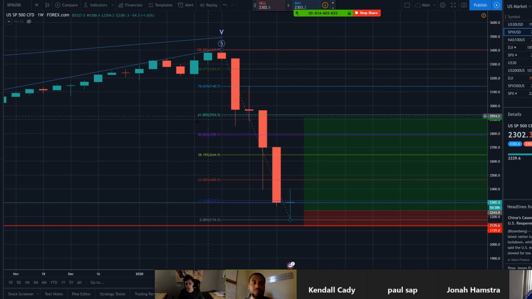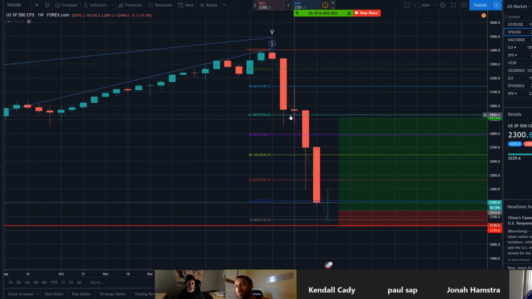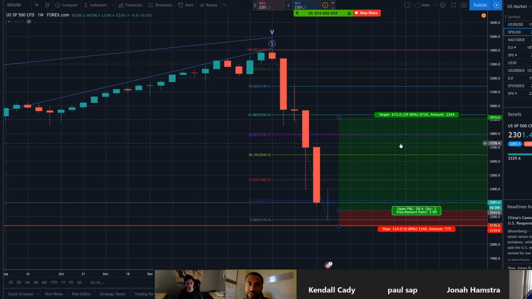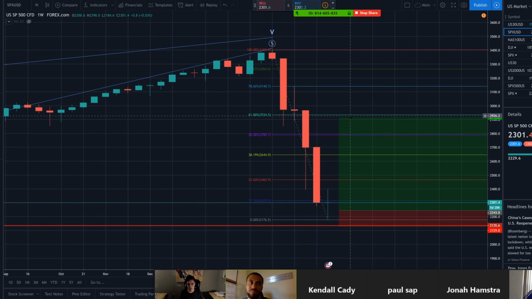So this number here, 61.8%, is extremely important to the Fibonacci. It's the number that all the other ones are based off of, and it just so happens to be a way that the market tends to move as well. In particular, I haven't talked about this yet, but B waves usually make it up to the 61.8, which is why I have the take profit there.